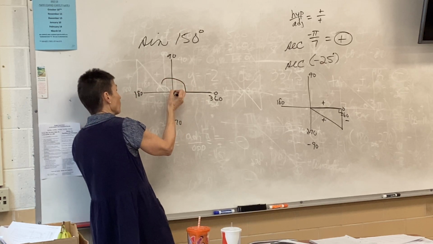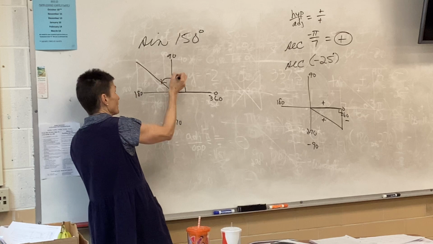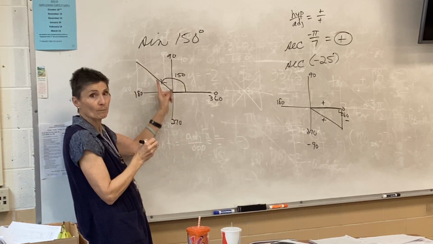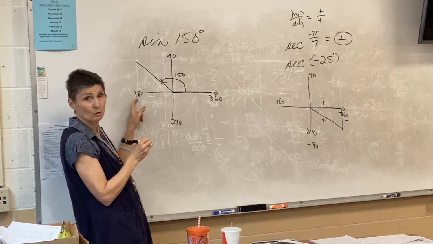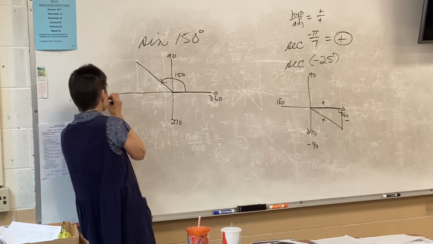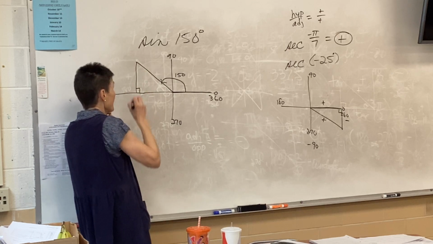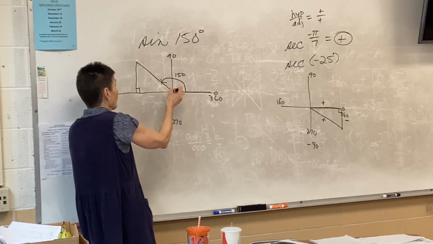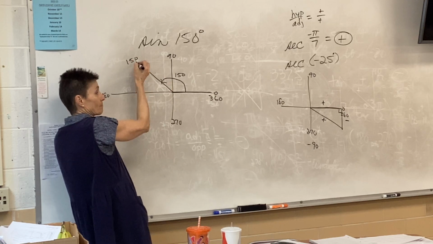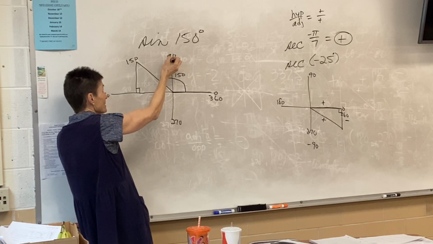Would you agree that 150 is up here? 150 degrees is up here somewhere, because it's before I get to 180. So I'm going to drop my perpendicular straight down. Now this is 150. This is 90, straight up is 90.